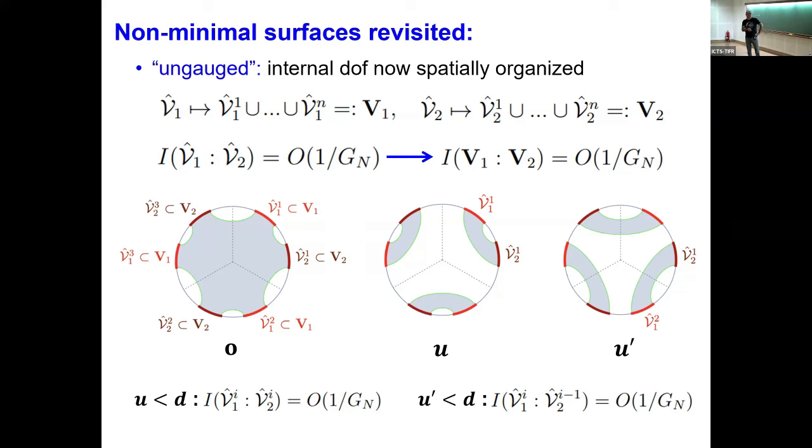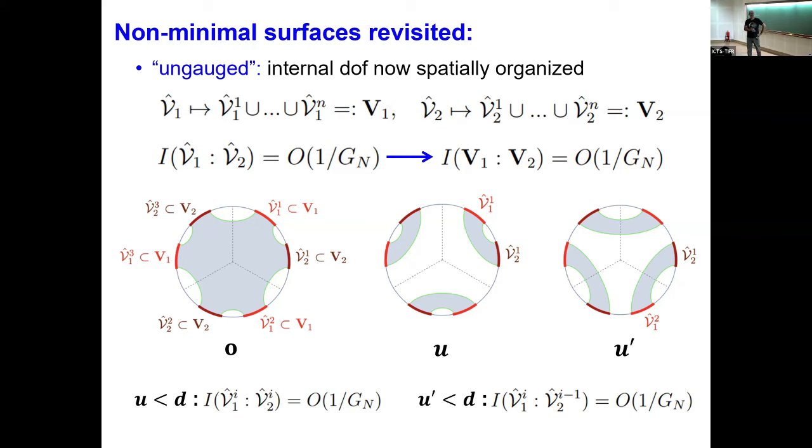And what we're saying then is that U less than D is saying that there is a lot of mutual information between this V1 and V2 within one single pi region, or the U prime is saying there's a lot of mutual information, a lot of correlations between this and its, well, the next one over in the next pi region.